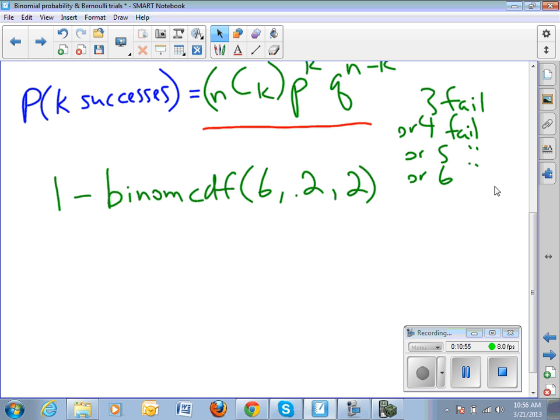All right, let's talk about whether that answer is reasonable or not. So the probability of choosing, you reach in, you pull a bulb out at random, the probability that it's a bad one is about 20%. Does it make sense to you then that the probability of getting at least 3 bad ones, if you choose 6, so in other words, at least half of them being bad, is fairly low?